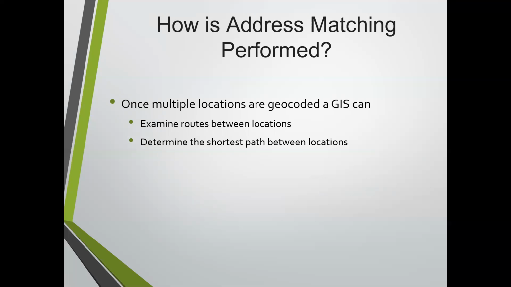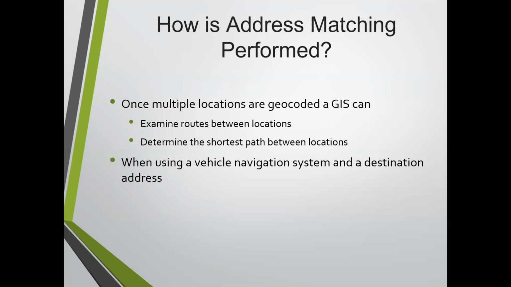We can determine the shortest path between locations. Now, when we talk about shortest path, that doesn't always mean shortest distance, okay? Because we have transaction costs that might outweigh others. We'll talk about that in a minute.